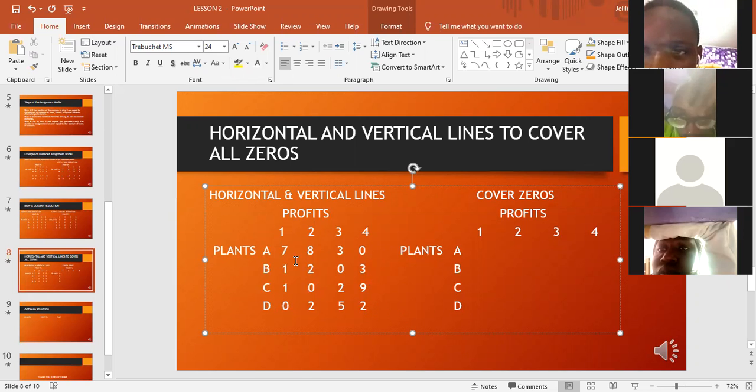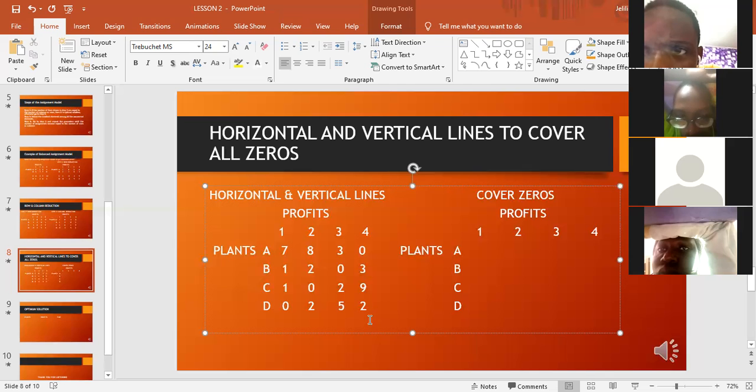Now let's look at the columns. How many zeros do we have in this column? 1. The second column? 1. The third column? 1. The fourth column? 1. The rules of horizontal and vertical lines say that we have to cover zeros with either a row or a column line.